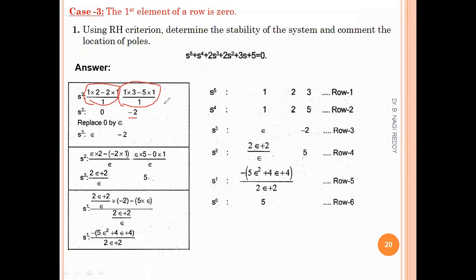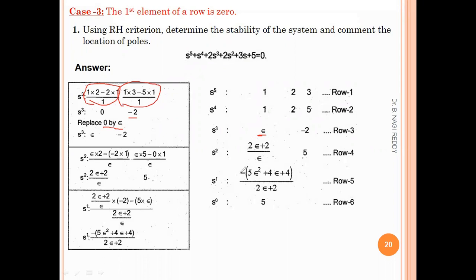So in order to continue this construction, just replace 0 with epsilon, taking epsilon as a small number, and continue the process. Of course, we will get the equations in terms of epsilon.